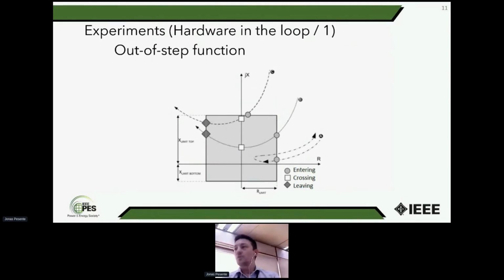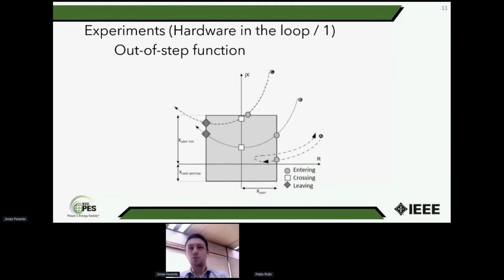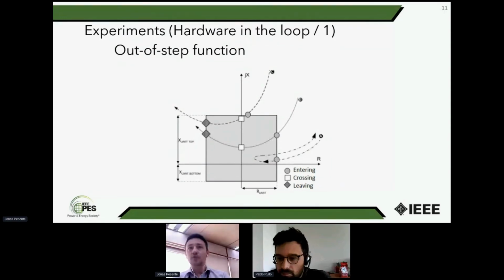And this scheme was chosen for the backup of the special protection scheme because it has some features. One of them is that it counts the axis crossing and impedance leaving the protection zone, which is very common in the PPS or out-of-step protection functions.